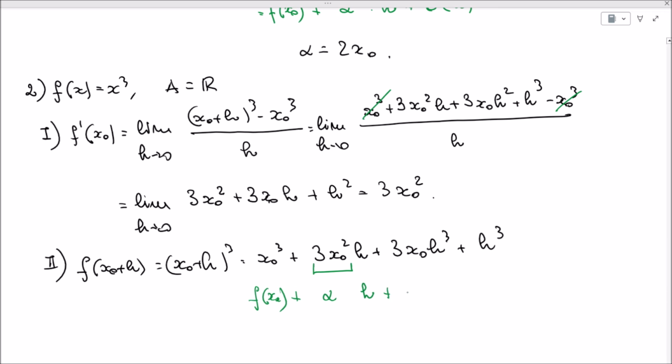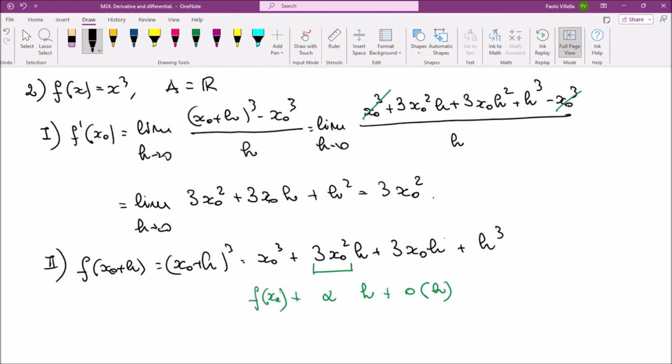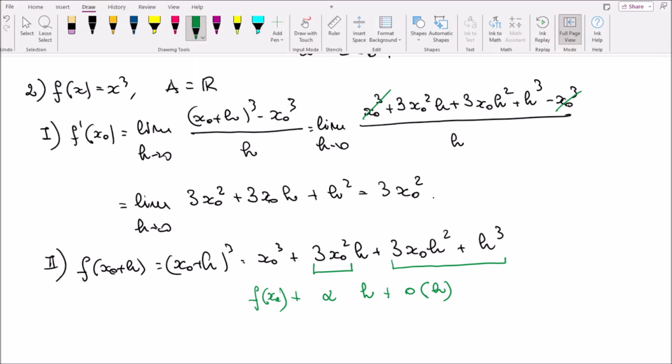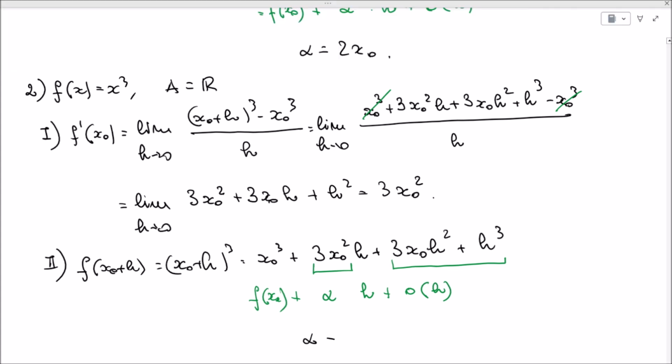What remains is nothing else than little o of h, because we immediately see that these last two terms, h squared and h cubed, are both little o of h. So this concludes our proof that alpha is equal to 3 x naught squared.